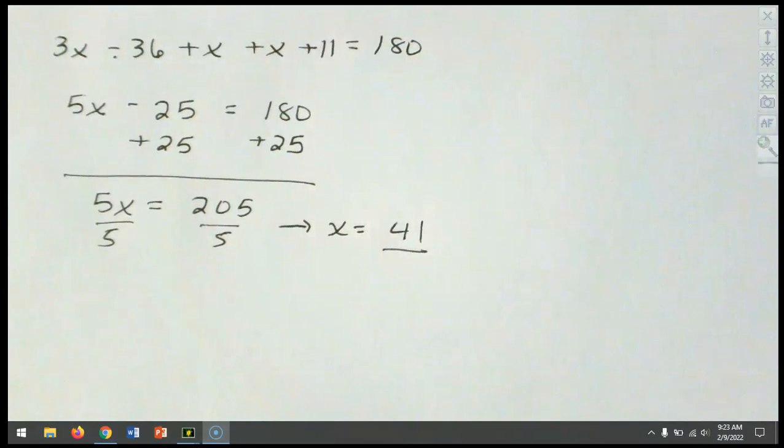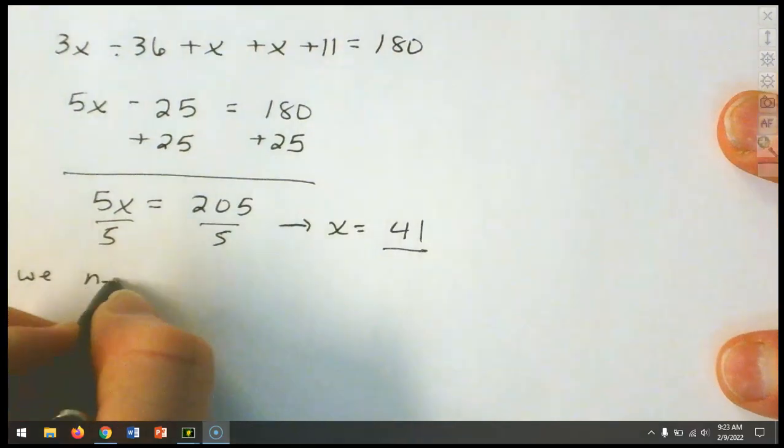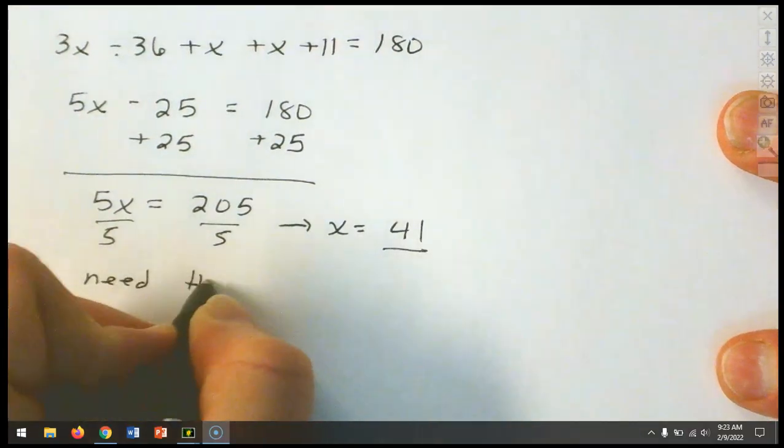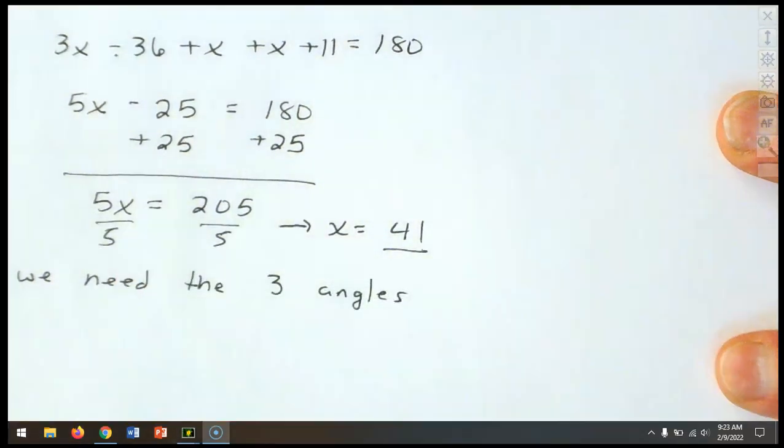Now, where students make a mistake is they stop here. This is not going to be our final answer. Everything we've done is correct so far, but we need to get the 3 angles. So we need all 3 angles. So what's our first one? Well, if we go back up and look, you can look at it in any order that you want.